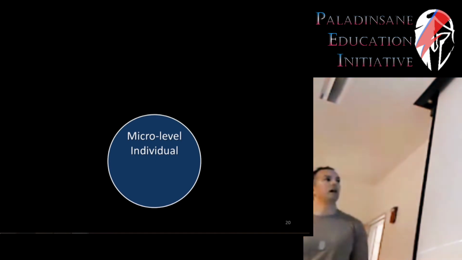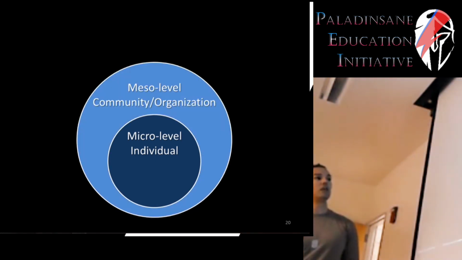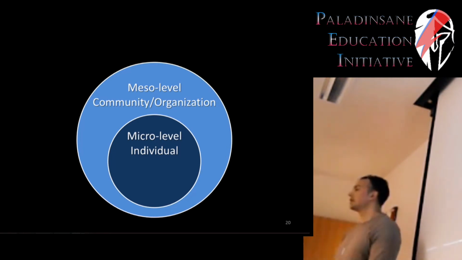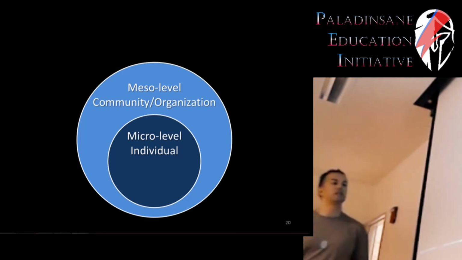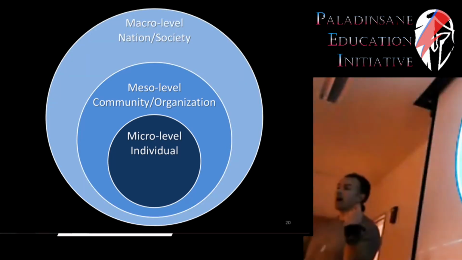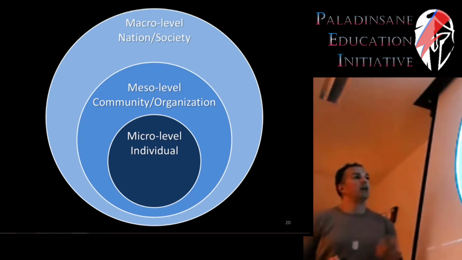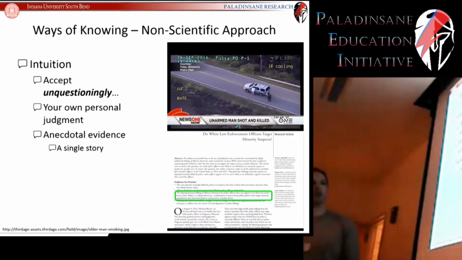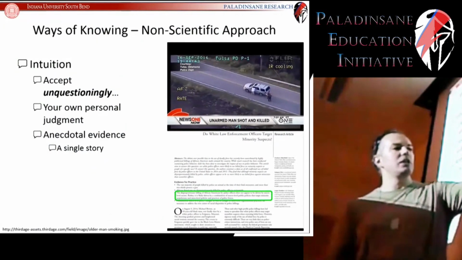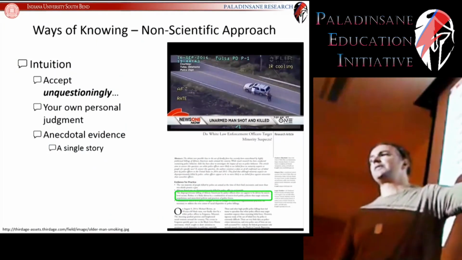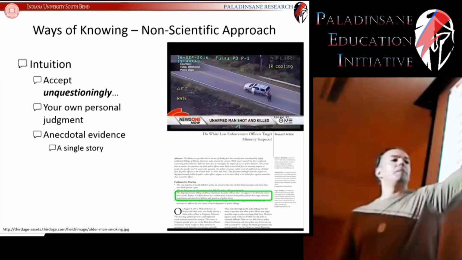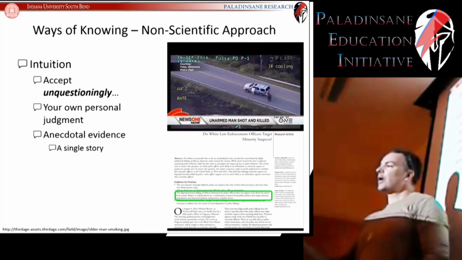What needs to be done is they need to take a look at the meso level, which is the community or organization policies of police. And they have to look at the macro level, the national society policies that officers have, in order to address this issue.